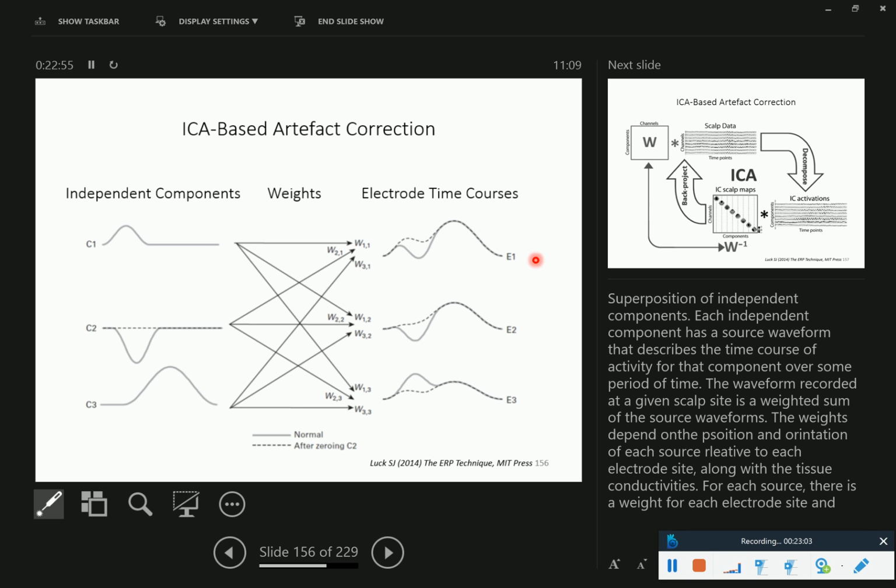The thing is now that, of course, your observed data corresponds to the electrode time courses. And what you have not observed are neither the weights nor the independent components. And that's the big difference to something like the GLM, where you also need to estimate the weights, the beta parameters, but you have a hypothesis on these latent things. So you have a hypothesis on your regressors, which you use in an informed way because you did some manipulation.